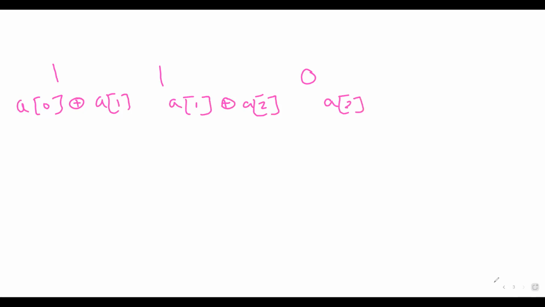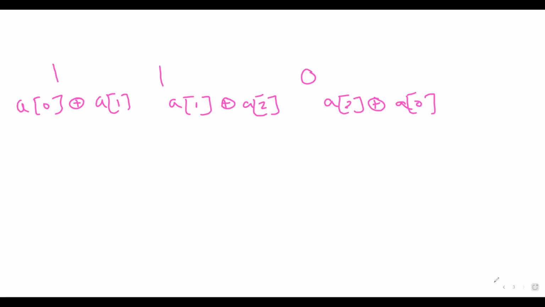Original of 0 index XOR original of 1 index, original of 1 index XOR original of 2 index, and this one we are getting as original of 2 index XOR original of 0 index. Isn't it? This is what we had learned from the previous slides.